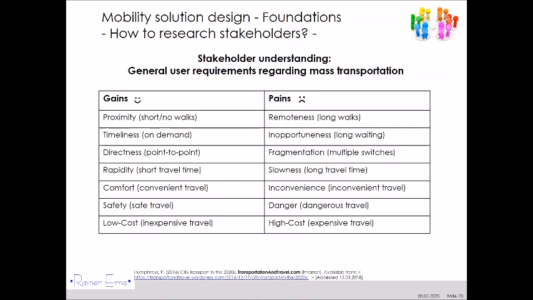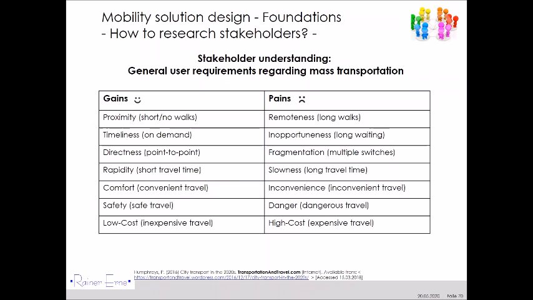Other user segments, for them safety is more important, and we have user segments who say, I take everything into account, every inconvenience, but for me the most important point is that it's a low cost means of transport. So they differ from each other with respect to the preferences they have.